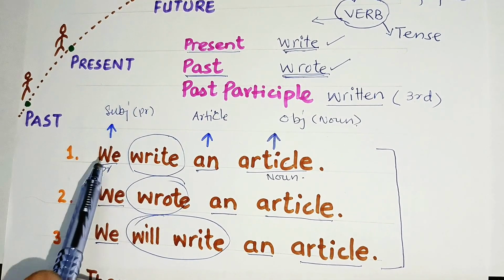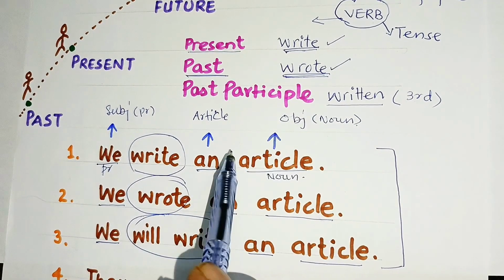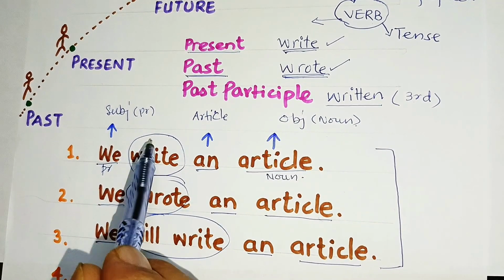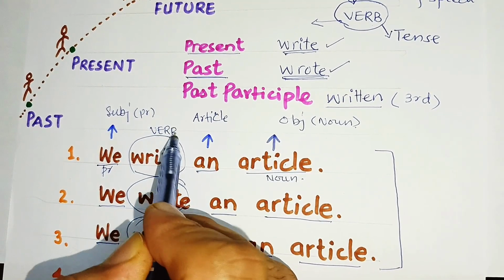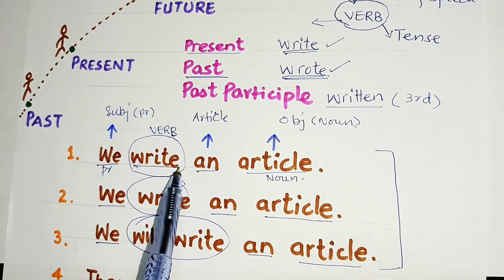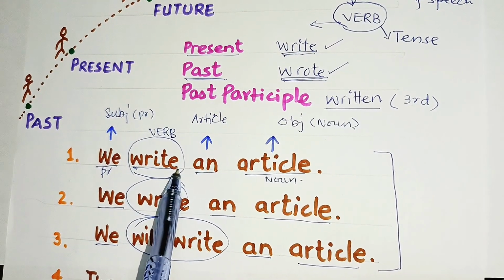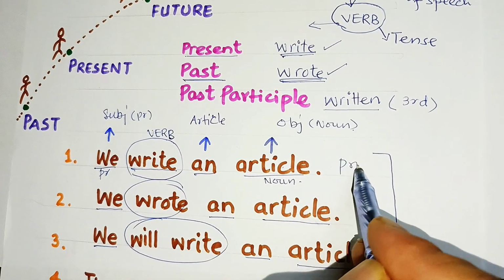So we cannot judge the tense of a particular sentence from all other parts of speech except the verb. So we can say that write is the verb. Write over here is in present form. It is showing that this particular sentence is present tense.